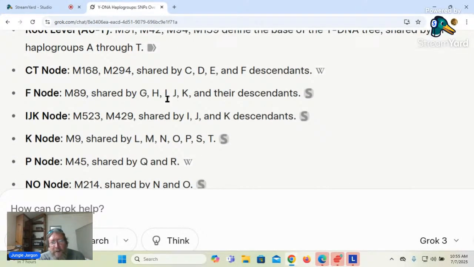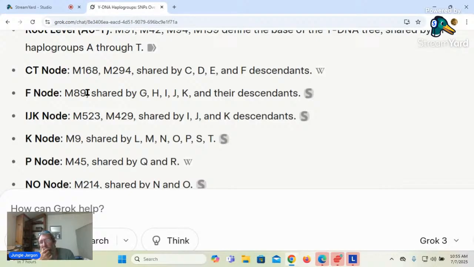So it's easier to lose these markers here, and then H doesn't really lose a marker, it gains its own marker, and G doesn't really lose a marker, it gains its own marker, while sharing this M89. And F doesn't really lose a marker because this F has M89.